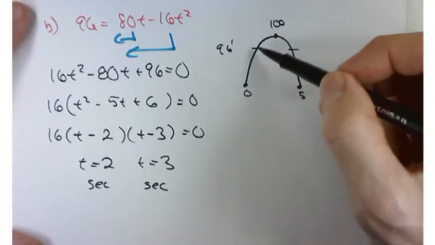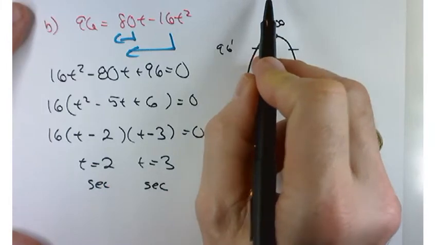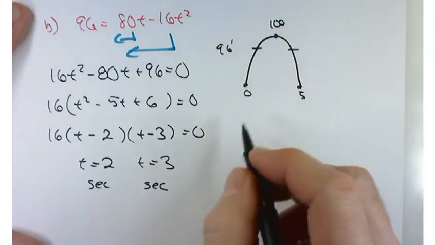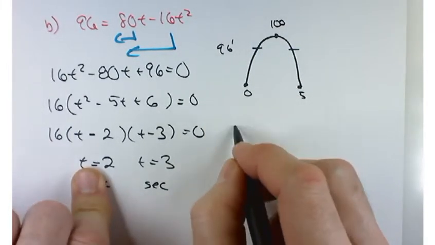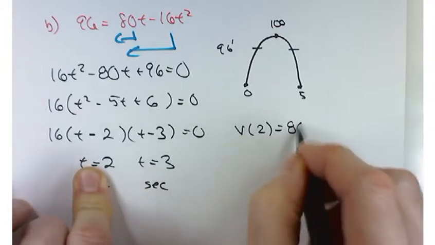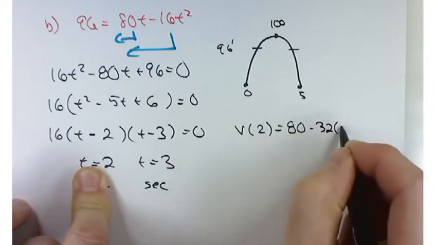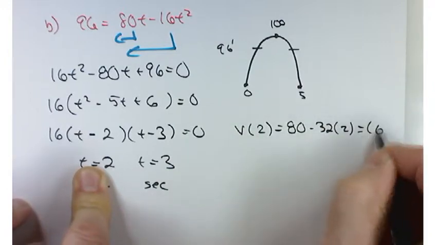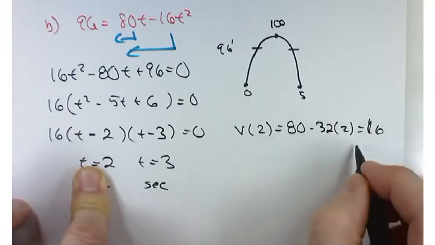I want to know the velocity when this is going up and when it's coming down. So I want to know the velocity at 2 seconds. v of 2 is going to be 80 minus 32 times 2, which is 16 feet per second.